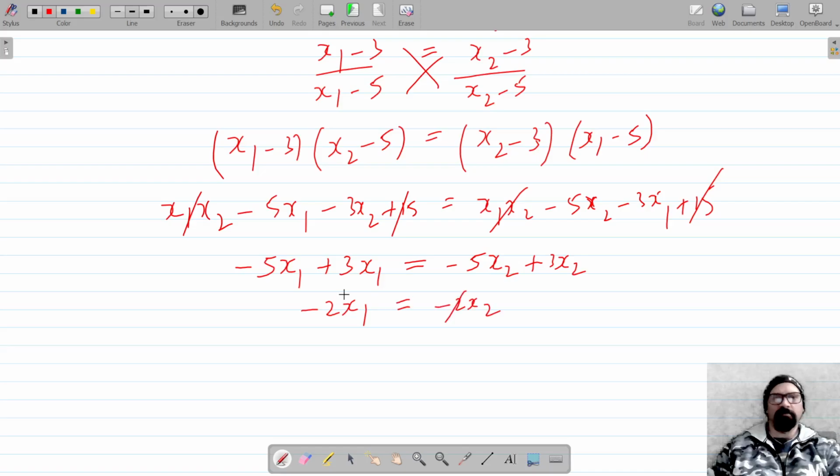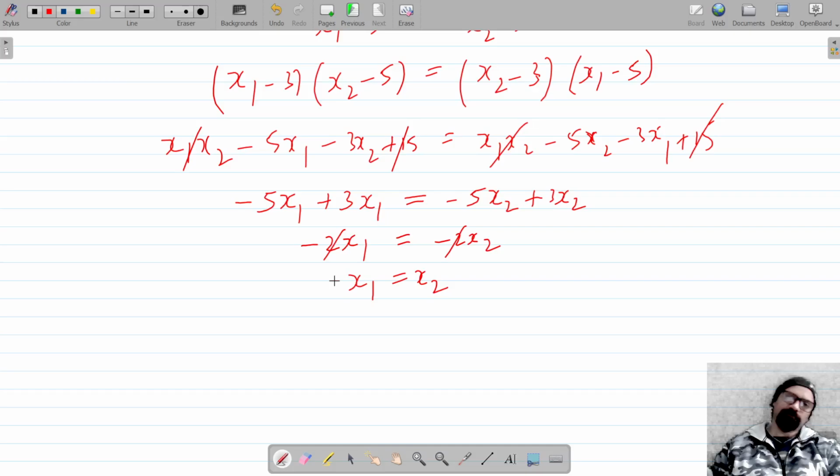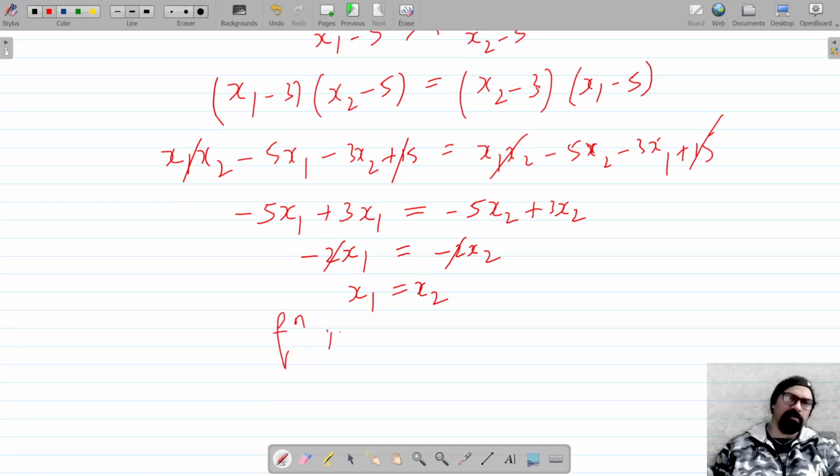So this gets cancelled. That means x1 is equal to x2. So that means when the images are equal, the values of the domain are also equal. That means for every x, there is a unique image, which concludes that the function is one-one.